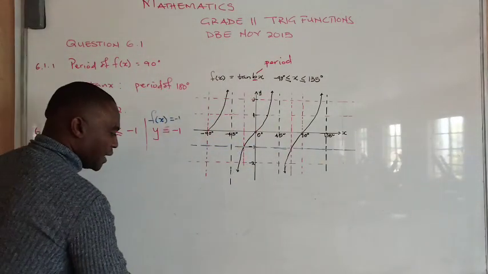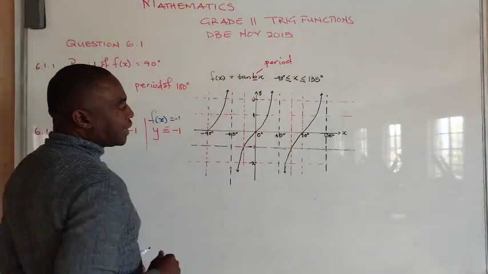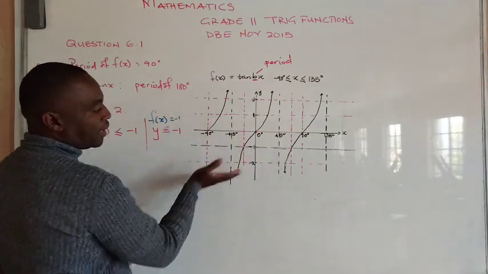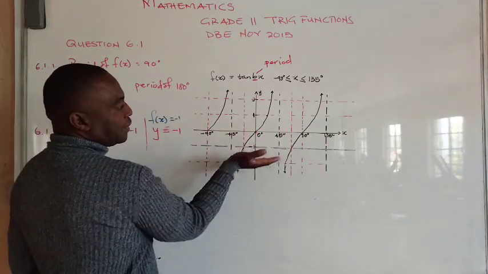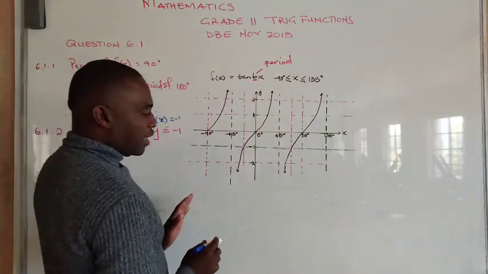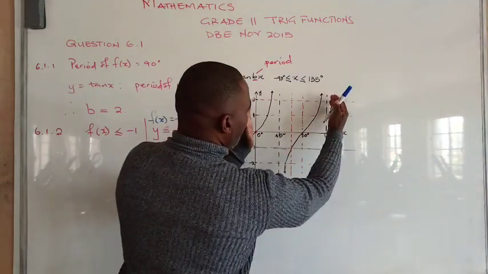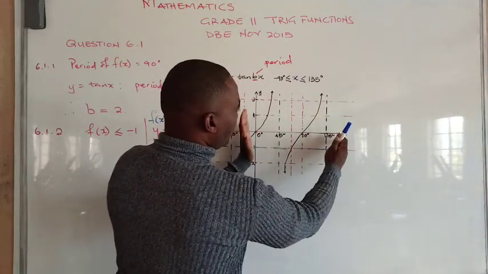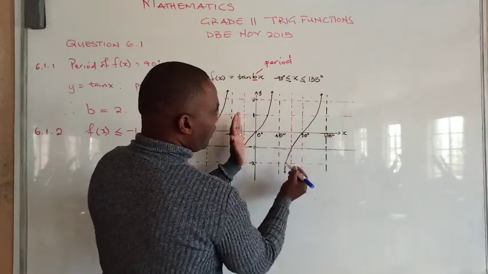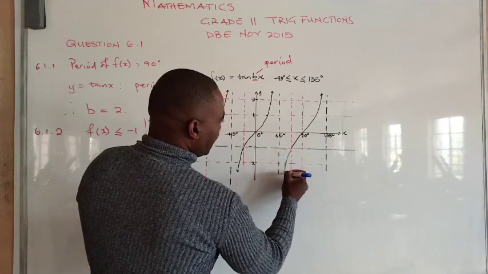Now, this line is showing us part of f of x that is above, that is greater than -1, and part of the graph that is less than -1. So we have been also told to use this interval from 0 degrees to 135 degrees. So checking on this interval, the part of the graph that falls below is this.